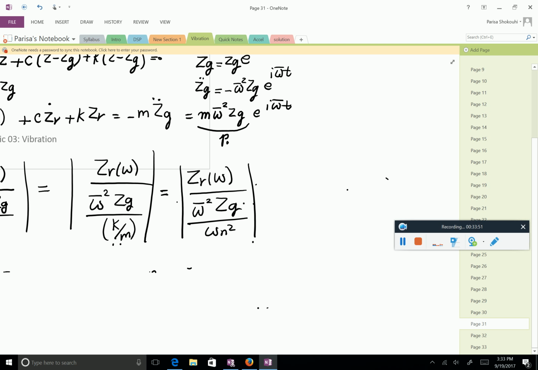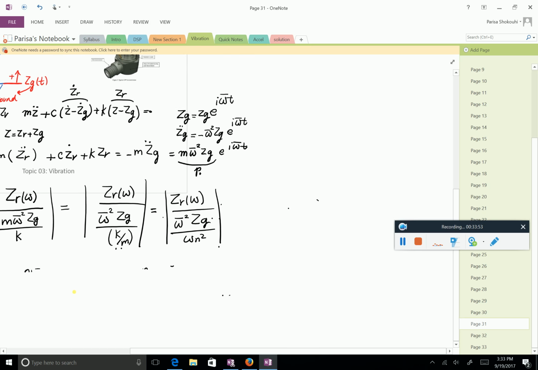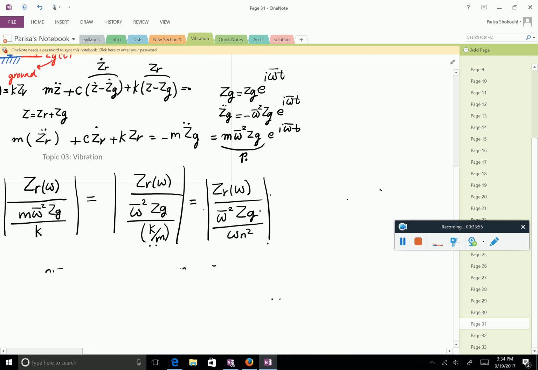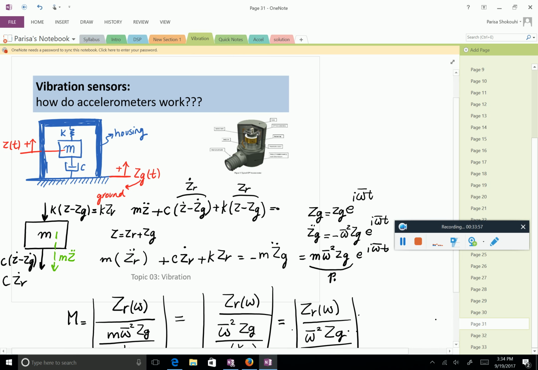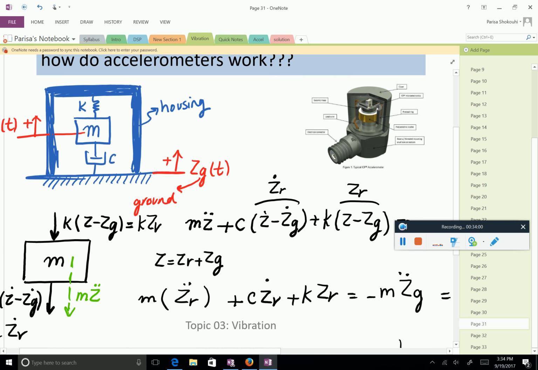Now, if you want to design an accelerometer, what you are measuring should be similar to the acceleration that you actually want to measure. That's the whole purpose of measurement.